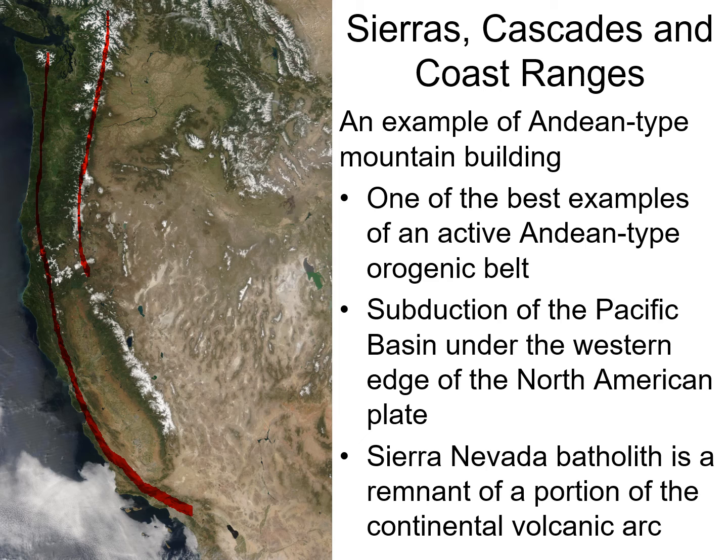So the Sierras were a volcanic arc, or is a former volcanic arc that was active before the plate boundary shifted to the San Andreas. Actually, I'm going a little too far up there because that is the Bay Area right there, and so the San Andreas is kind of like that.